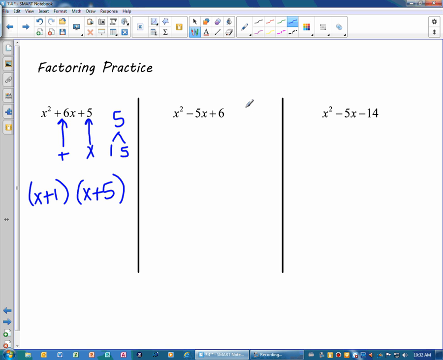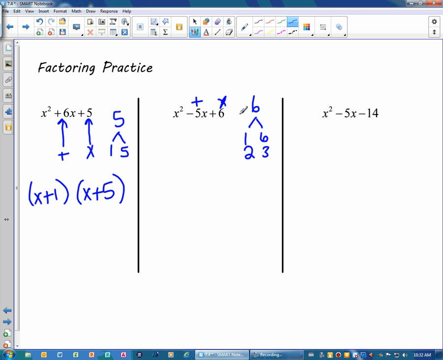All right, this one. Two things that multiply to 6, and they have to add to negative 5. So they always multiply to the last term, and they add to the middle term. So 6, you can get 1 and 6, because 1 times 6 is 6, or 2 and 3. Now 1 plus 6 is 7, and that's not negative 5, so it's not that. 2 plus 3 is 5, not negative 5.